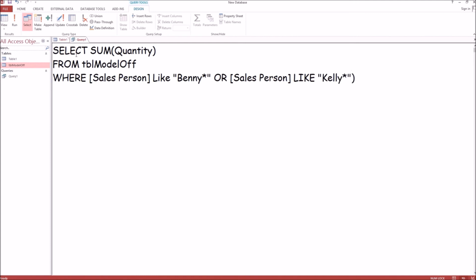Let's enclose this in parentheses to make sure that this condition is interpreted as 1.